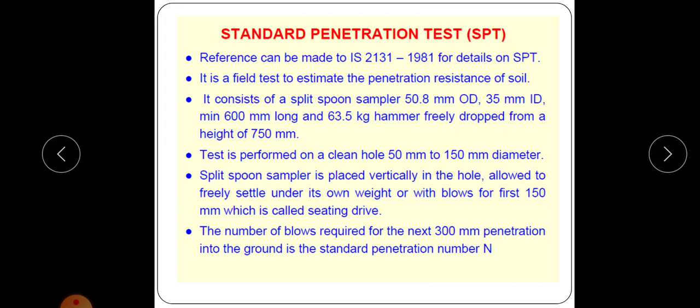So the initial 150 mm drive is neglected, taken as the seating drive, and after that we count the number of blows for the next 150 mm and another 150 mm. So total 300 mm penetration is required, and the number of blows for this 300 mm penetration is noted, and that is taken as the standard penetration number, represented by capital letter N.